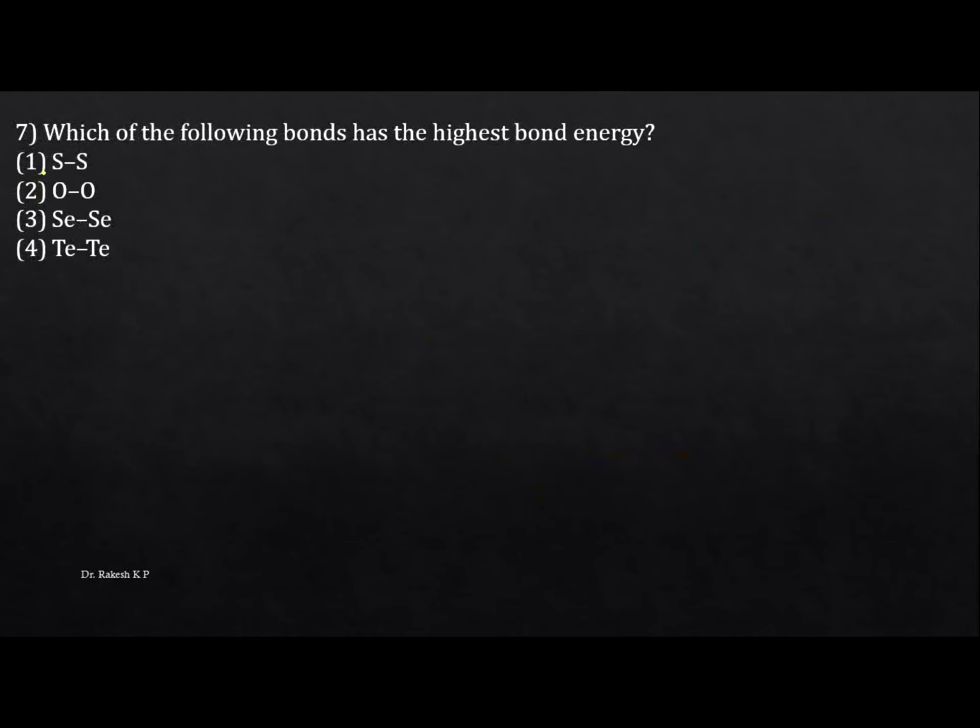Which of the following bonds has the highest bond energy? Now you just go to this concept here. According to the general concept, oxygen is more electronegative compared to the rest of the elements present in the 16 group elements.